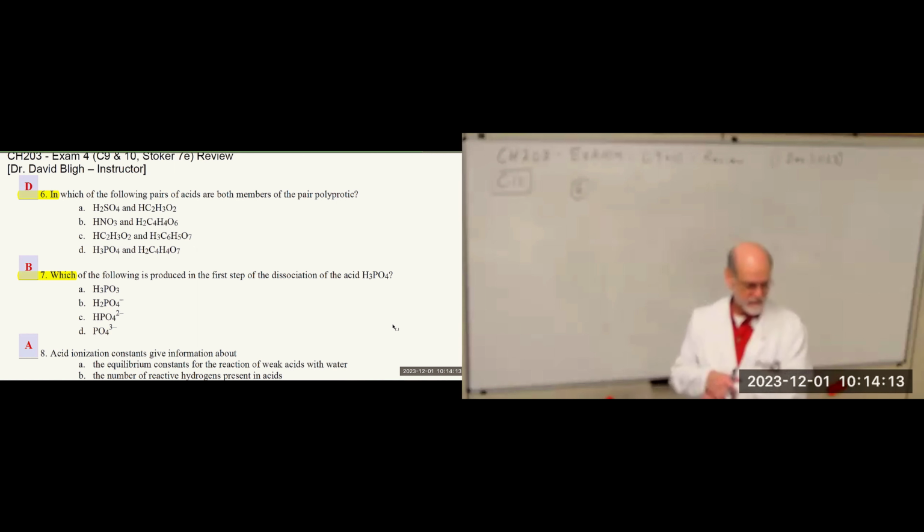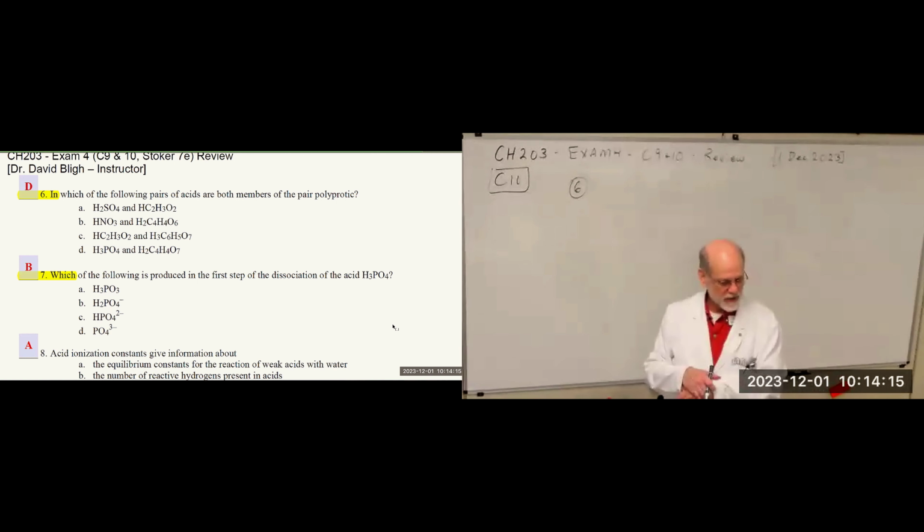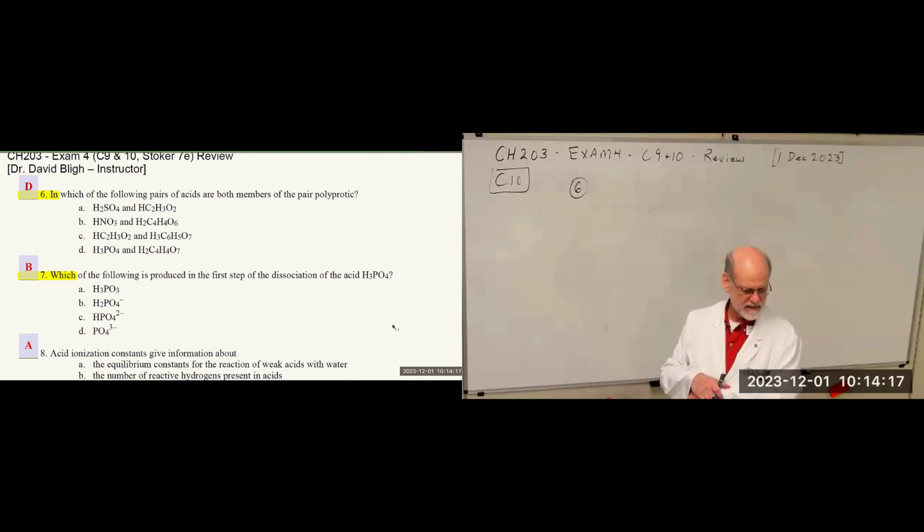So A is not the answer. HNO3 is monoprotic. C, acetic acid again, is monoprotic. The last one, H3PO4 and H2C4H4O7, those are both polyprotic. C4H4O7, I wonder what that one is.